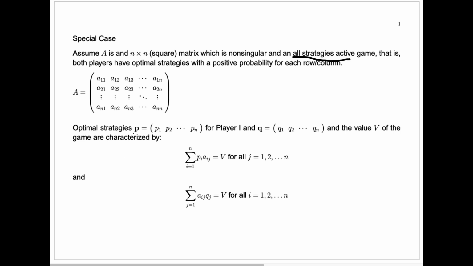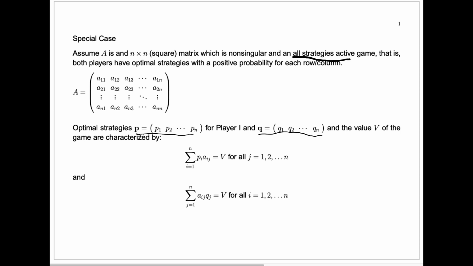We start by talking about strategy vectors, optimal strategy vectors, P for player 1 and Q for player 2. I'll remind you one more time, our author in the version that I'm looking at, and I believe most of you have, uses row vectors for P and Q. In some other versions of the book, he uses column vectors for P and Q. If he uses column vectors, just replace everything I have here by P transpose instead of P, because the transpose of that column vector would turn into a row vector like what we have here.